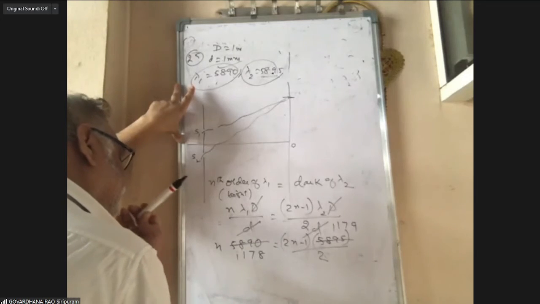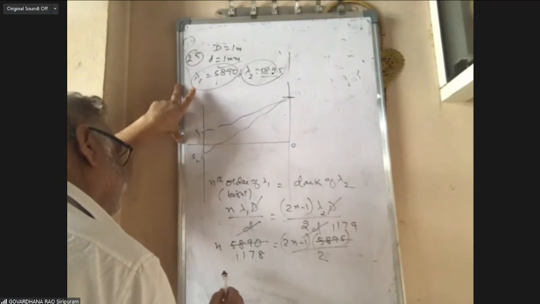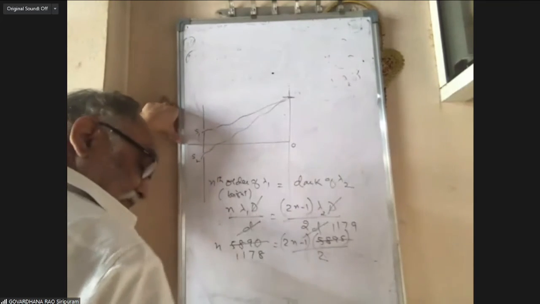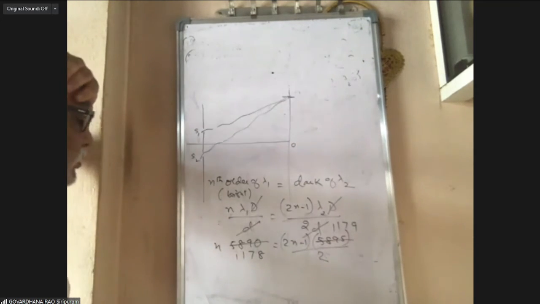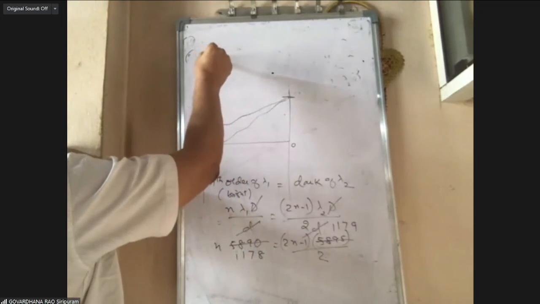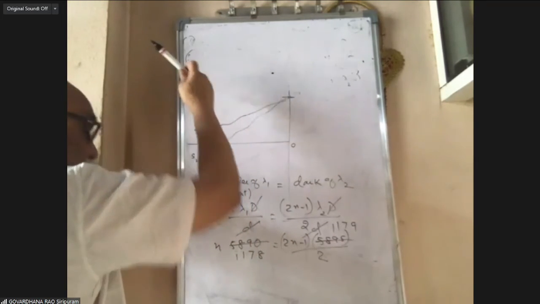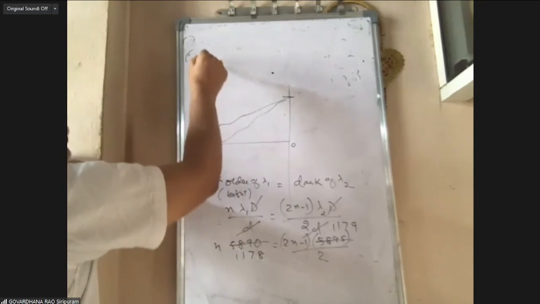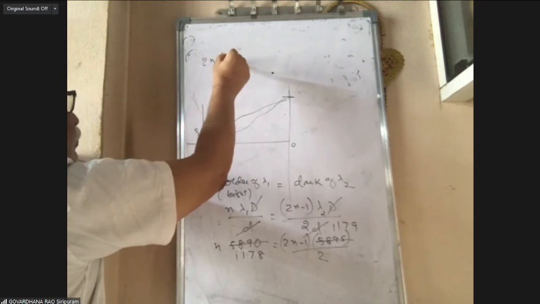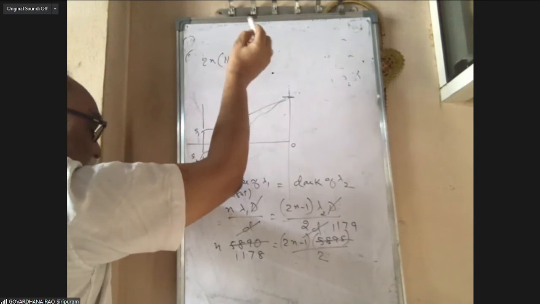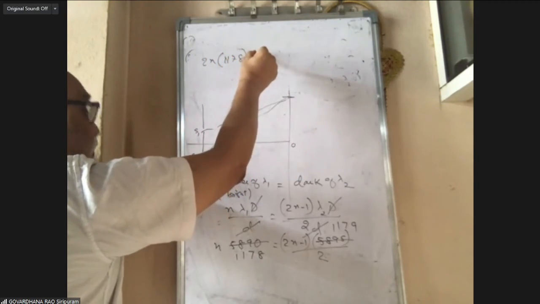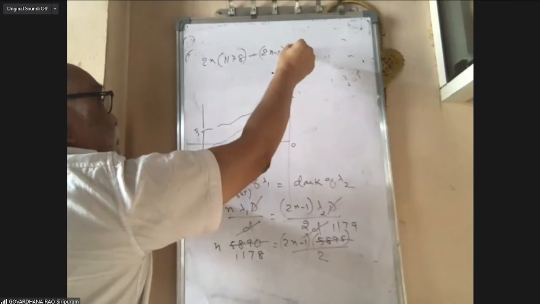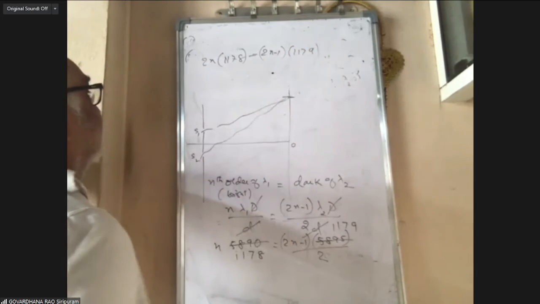So what value comes? 2n into 1178 equals (2n minus 1) into 1179.